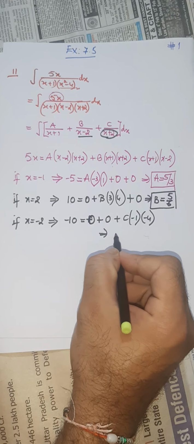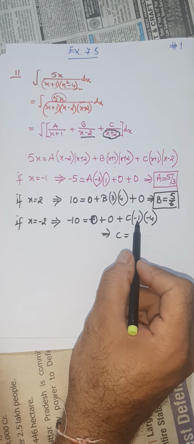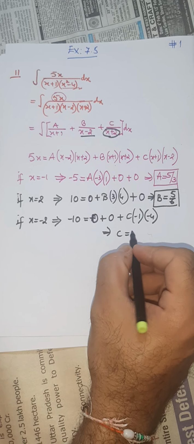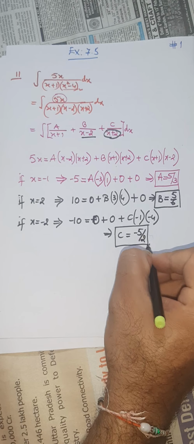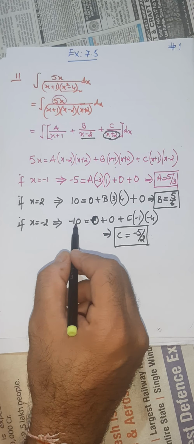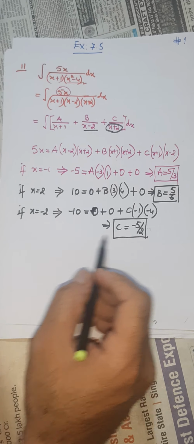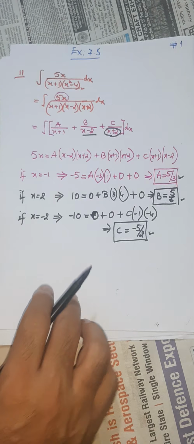So we'll get C from this. Minus minus will be plus, so plus 4, and this is minus 10, so minus 5 by 2. Okay, now we place these values in the above expression.